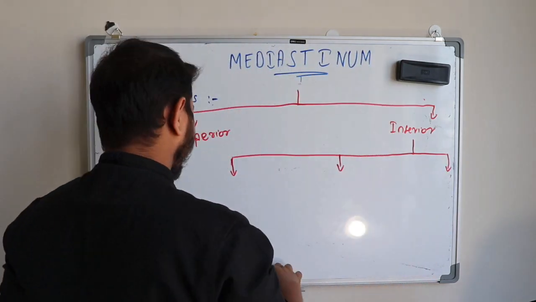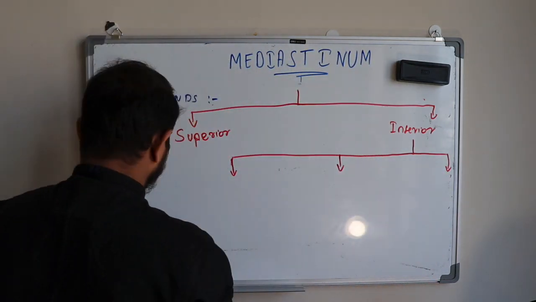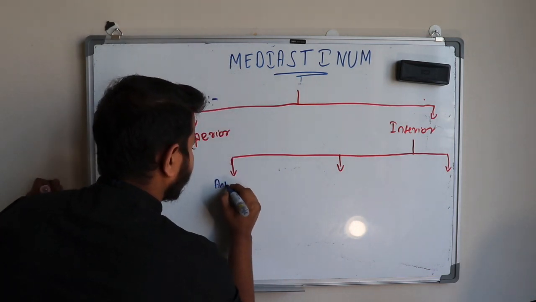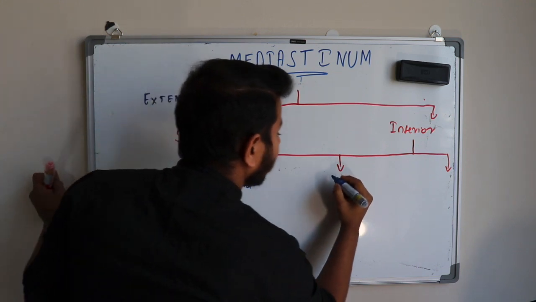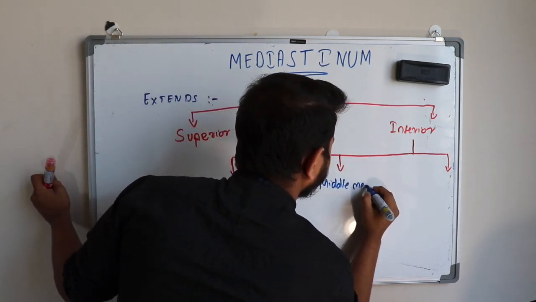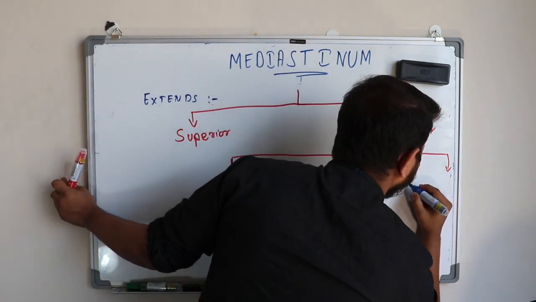They are the anterior mediastinum, middle mediastinum, and the posterior mediastinum.